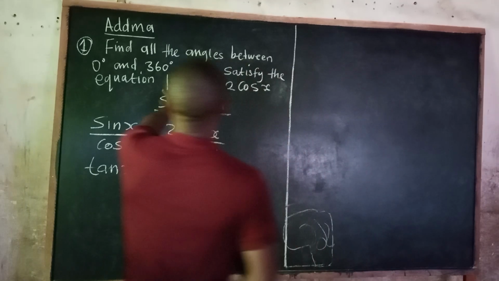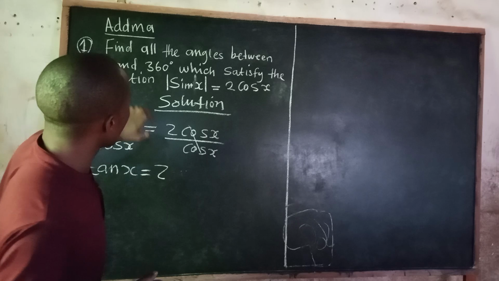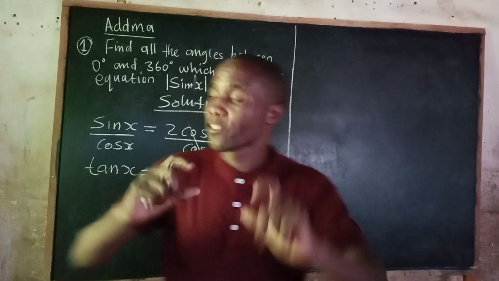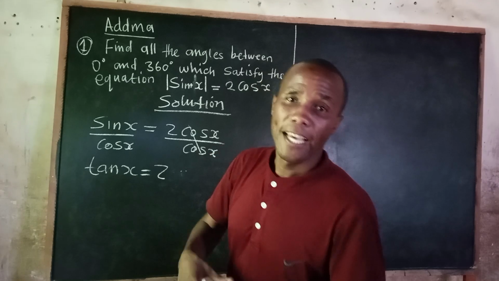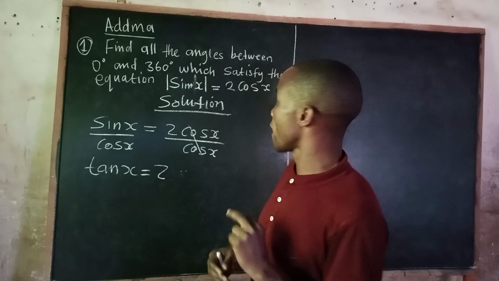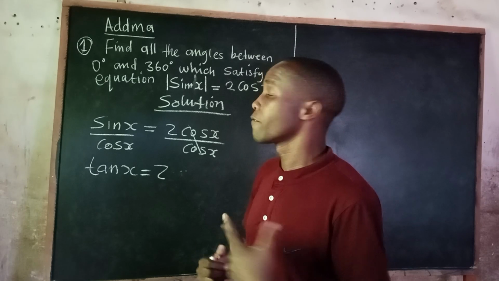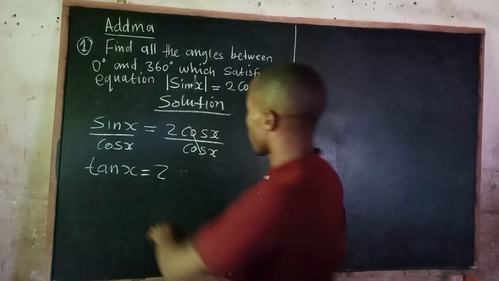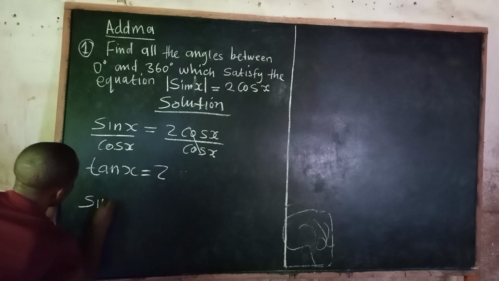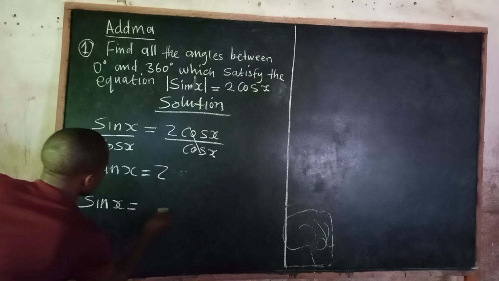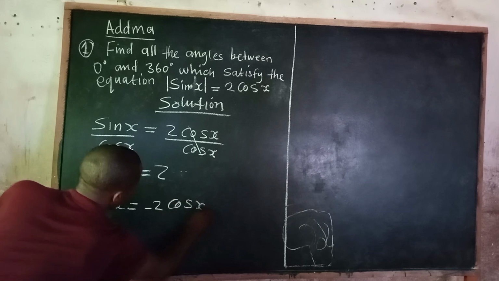Since I said in my preamble that when you are trying to move out of the sin x in the modulus, it is going to have two values, negative and positive, and I have even given the reason why, here we are going to say sin x is equal to, this time, -2 cos x.